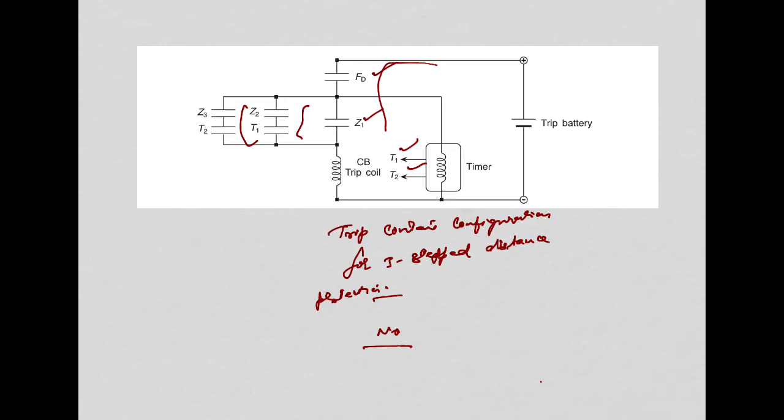So we already discussed that 6 measuring units are required. The setting of each measuring unit is based on the positive sequence impedance of the line. Now, in order to generate the 3 zones, it needs 3 into 6, that is 18 measuring units. 6 measuring units are required and 3 zones are generated. So 18 measuring units are required.